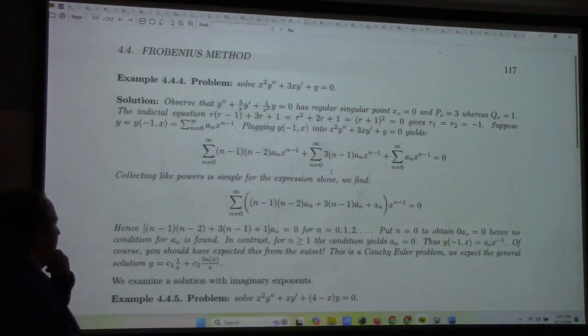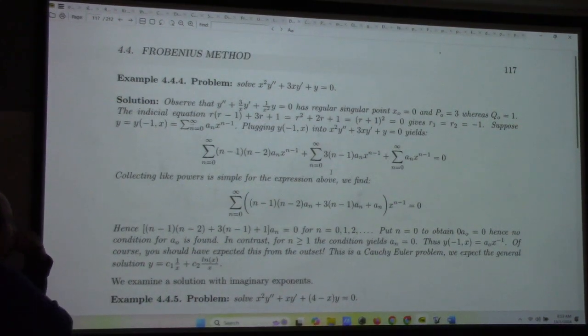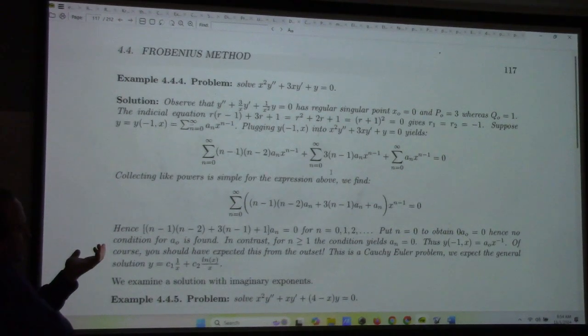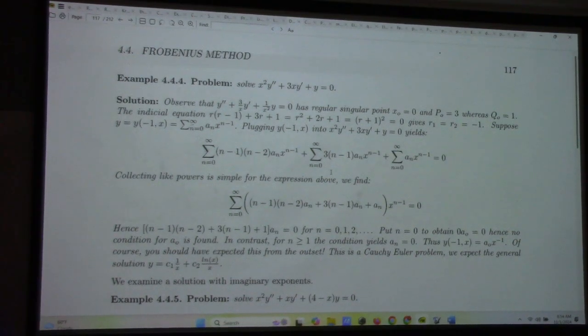So n squared plus 1. Is that right? So if I put n equals 0, how do I get 0 for n equals 0? I don't see that. No, you'll get a plus 2 minus 3 plus 1. Oh, right. So I'm doing something wrong with my algebra.